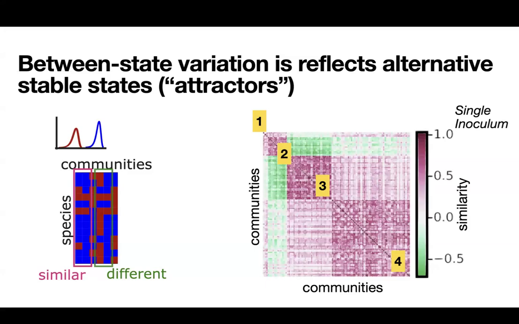So in the environmental data, what we see is that typically the dynamics is around the same value. Sometimes we see switches, so that within a given host, the abundance around which species fluctuate changes radically. But this is something that we see very rarely on the time scale we observe.